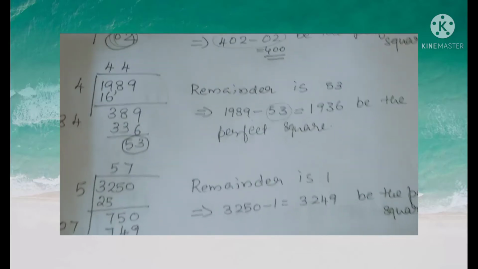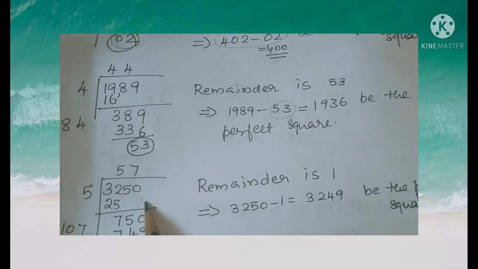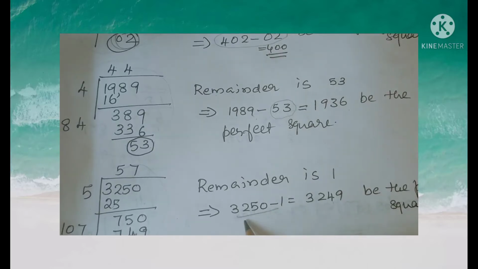The next one, 3250. After calculating, we got 1 as the remainder. So we subtract 1 from the given number, 3250 minus 1. Then we get 3249.